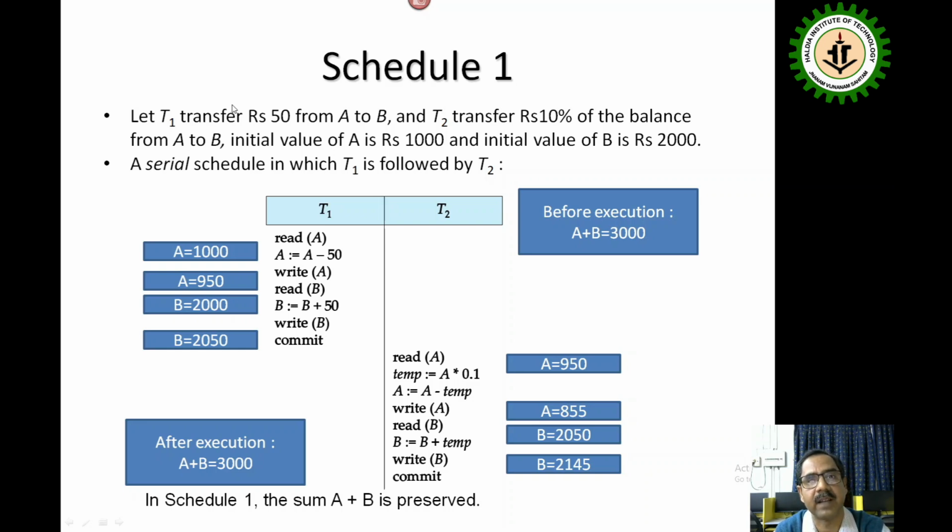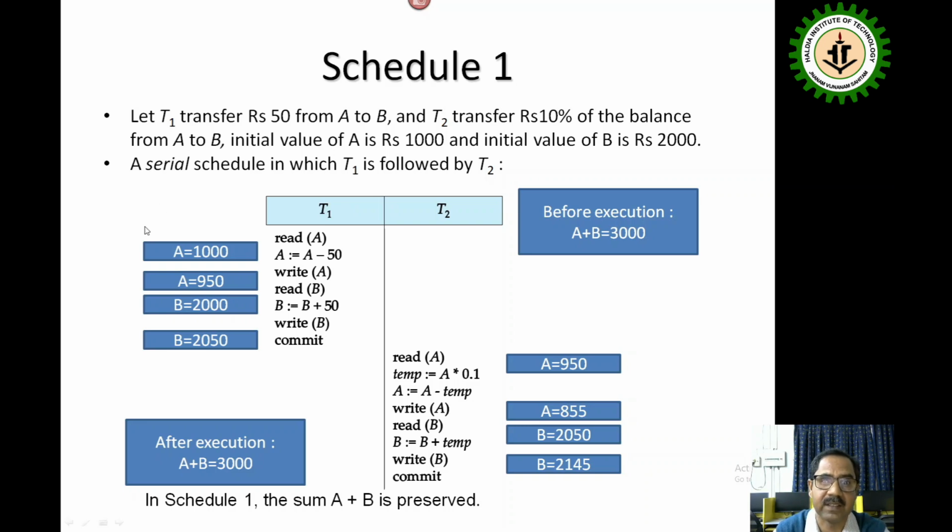Transaction T1 transfers rupees 50 from account holder A to B. Transaction T2 transfers 10% of its balance from account holder A to B. So if the transactions T1 and T2 execute in this chronological order, that means T1 followed by T2, that is a serial schedule. A schedule may be serial or non-serial.